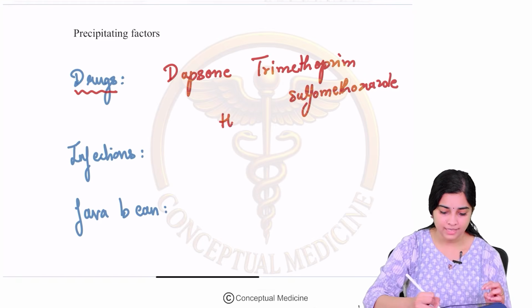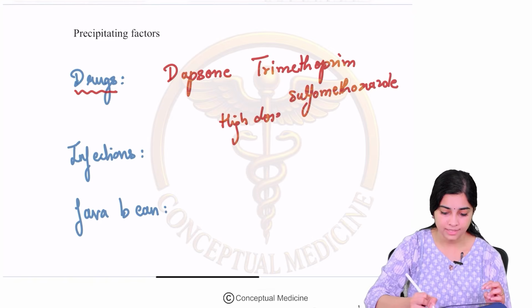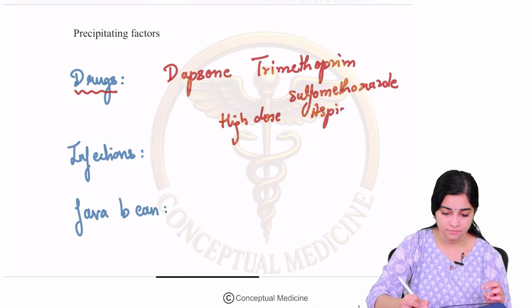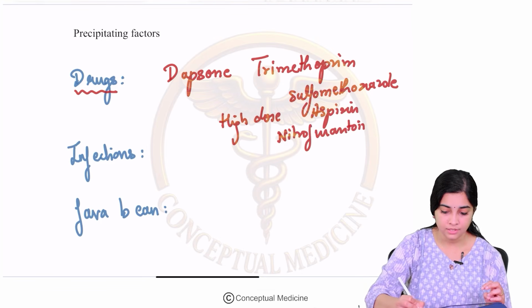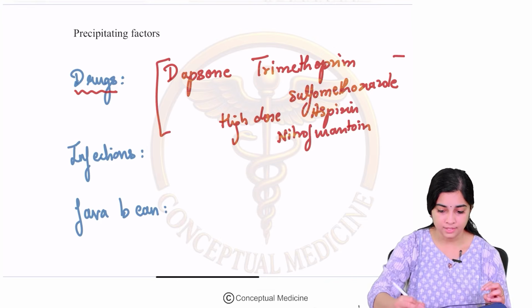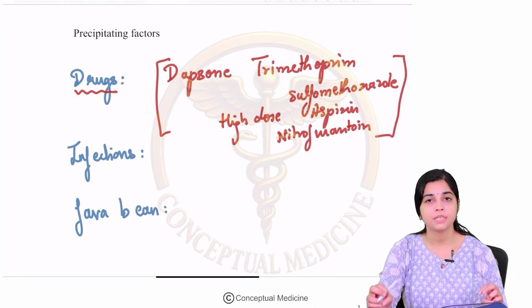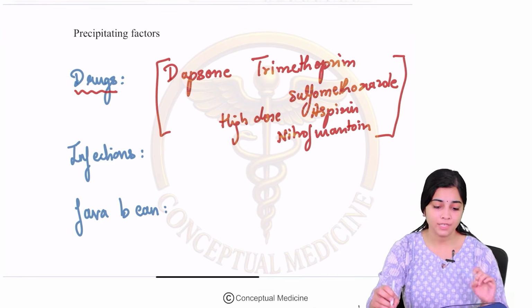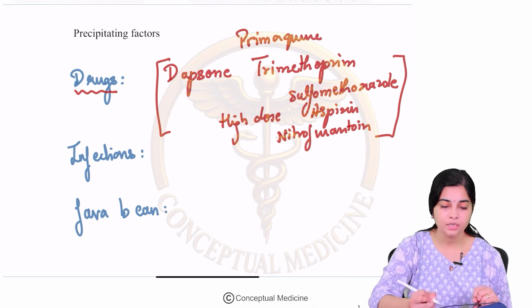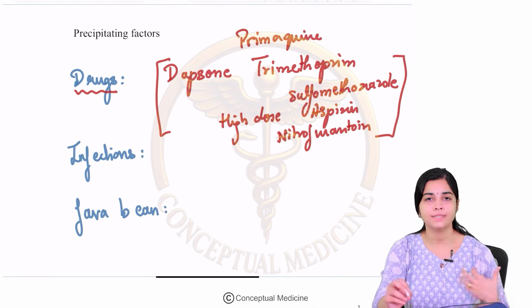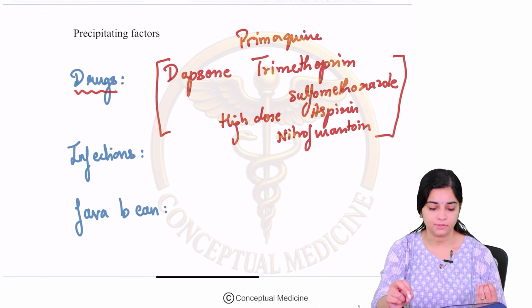Then remember high dose aspirin. Remember nitrofurantoin. Okay, so these are some of the drugs which can precipitate G6PD deficiency, and very importantly, another anti-malarial drug which can precipitate G6PD deficiency is primaquine, and all of these can cause episodes of hemolysis.